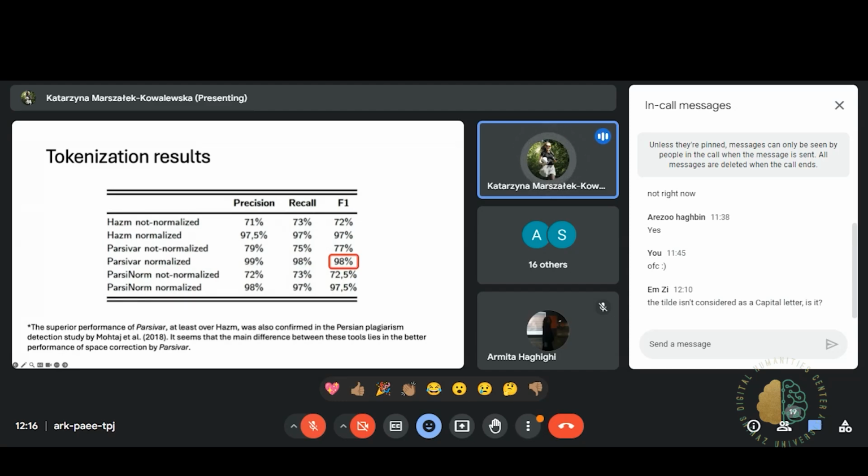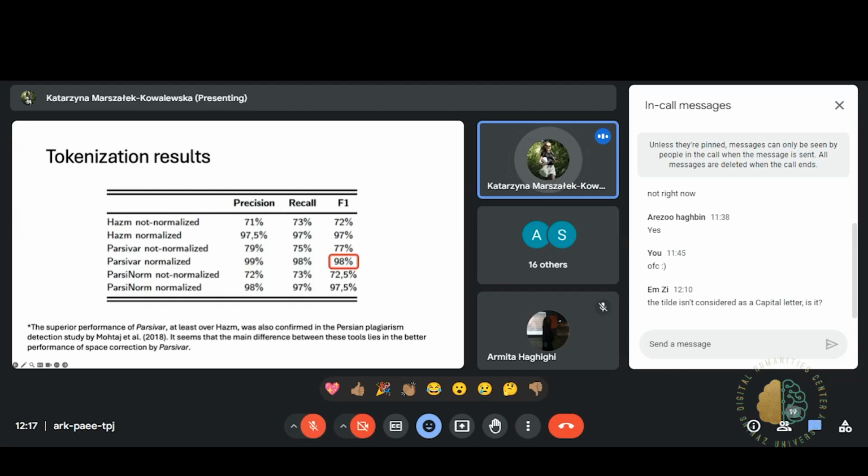So as we can see, the best results were obtained with the Parsevar pre-processing tool, 98% of F-score, that's 99% precision and 98 recall, which is really high, really cool. But if we compare it with the normalized version for Hasm and Parsenorm, the differences actually are not so high, just 1% or 0.5% actually.